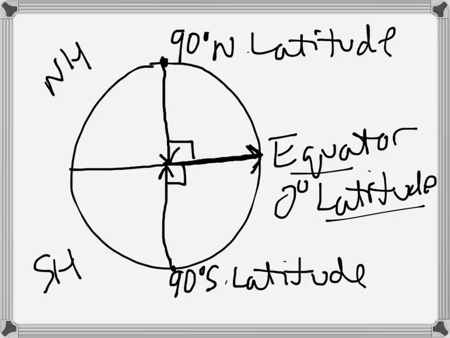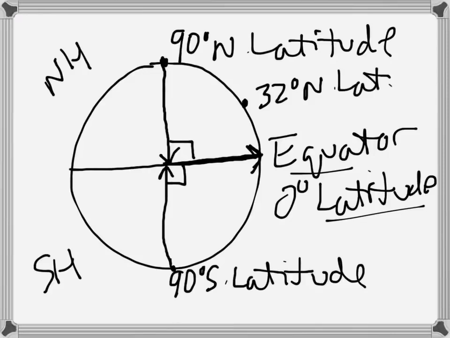Now let's say we wanted to figure out where San Diego, California was located. Well, we know that San Diego is right about here. Well, what does right about here mean? We're at 32 degrees north latitude. So what exactly does that mean?